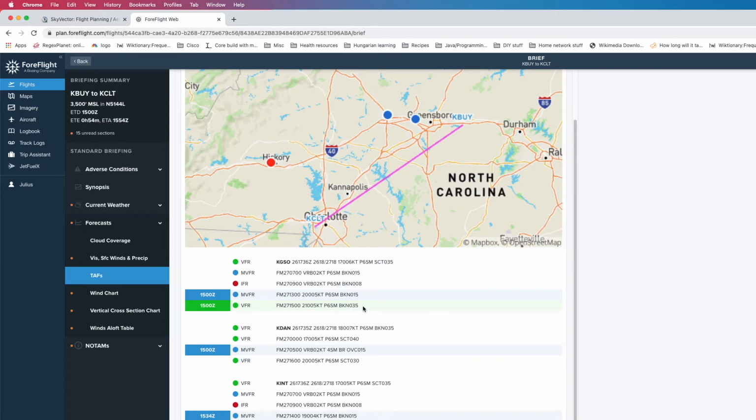It would have been pretty close, but it looks like it could have been done, depending on how conservative your DPE is. I think it would still be okay to say, hey, we can do this check ride because the conditions are improving and we have 3,500 foot ceilings.